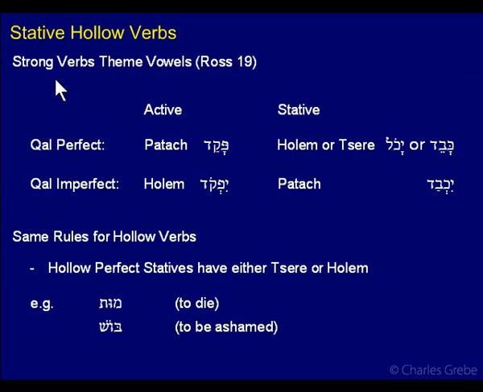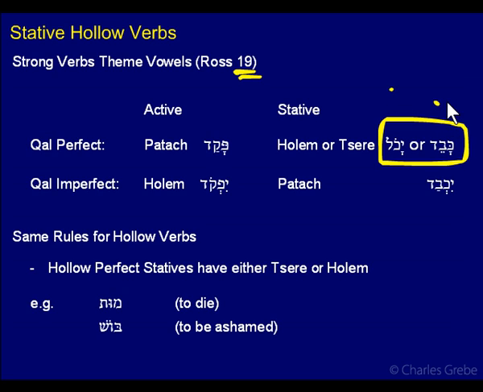Well, let's first review stative verbs in the strong verbs, which we covered in Ross chapter 19. We saw there that for the cal perfect, the active forms had the patach, so like pakad. This is our base form, right? But the stative forms had a different theme vowel. Here was patach. In the stative, we had either the holum or the tsere, so holum or tsere.